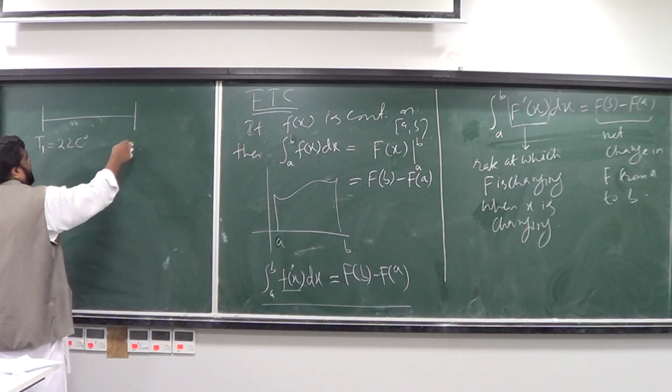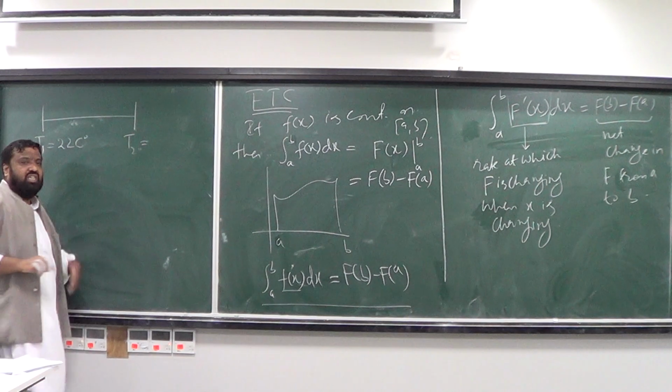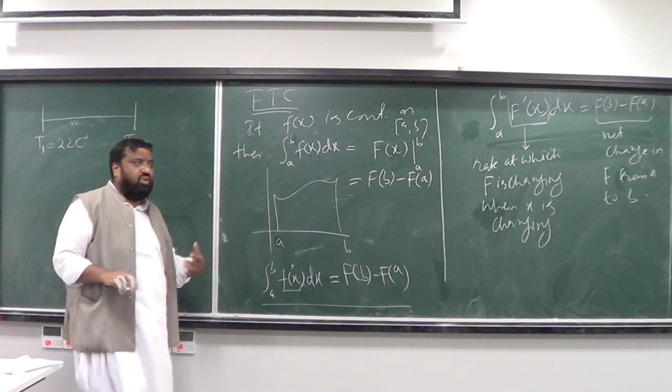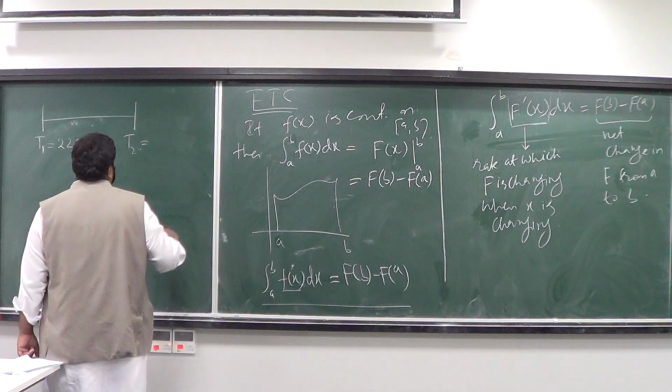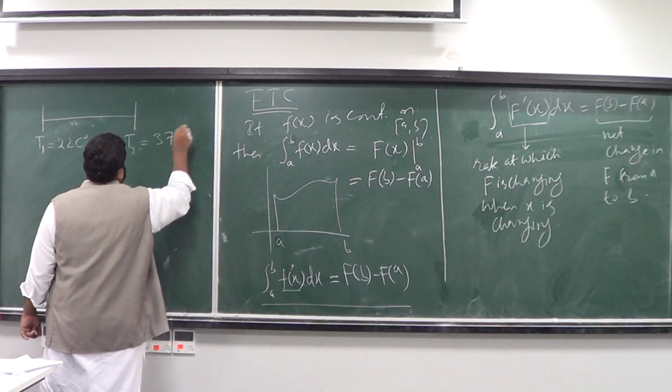Say after some hours, maybe in the afternoon, you again check the temperature and your phone is showing a temperature of, say, 37 degrees centigrade.